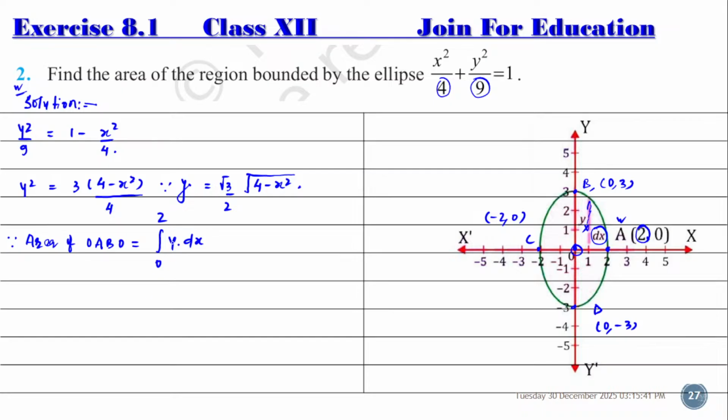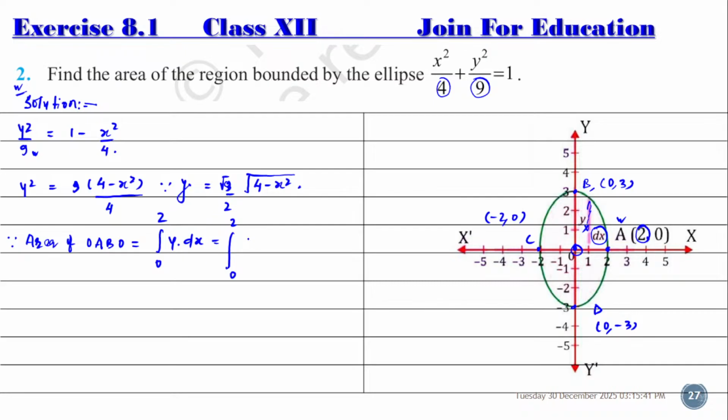Is there any problem to understand up to this step? So now we put the value of y, then we get the next step 0 to 2, and we write down here, let's see here, here will be 9, here will be 4. Therefore, square root of 9 will be 3.